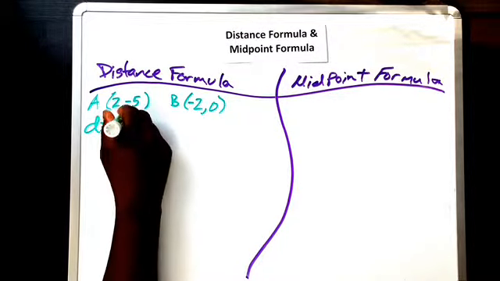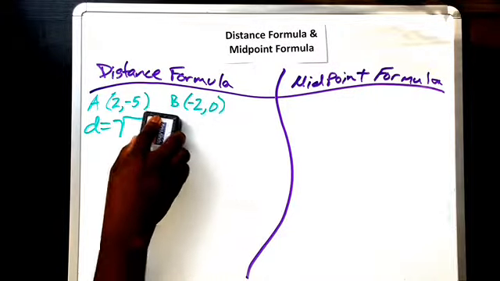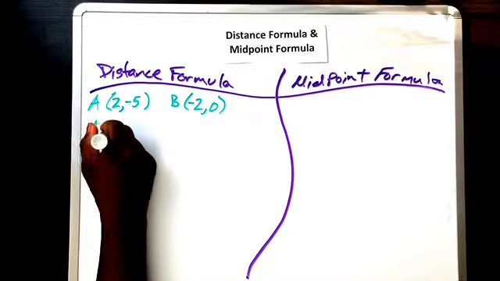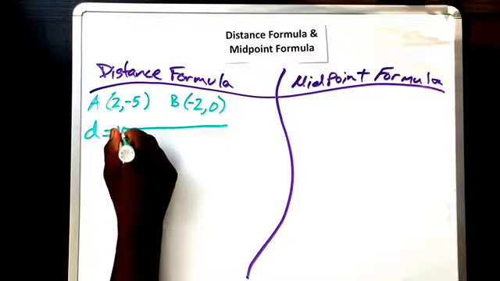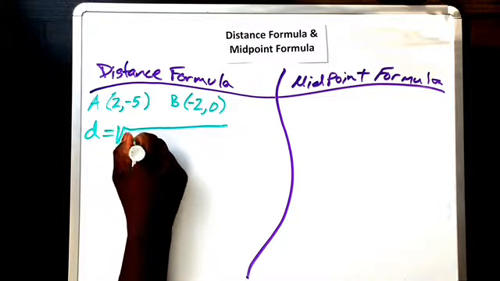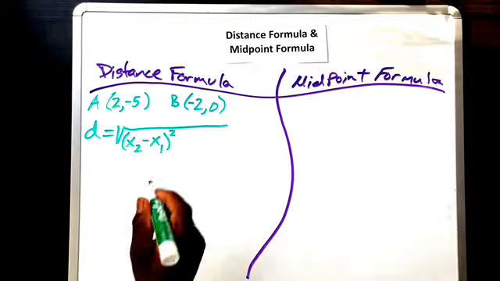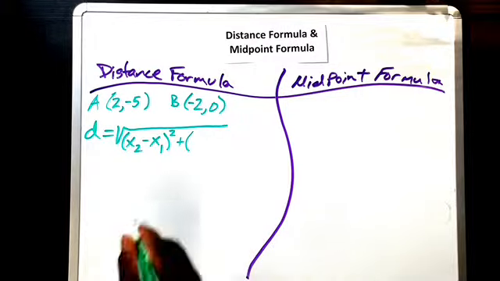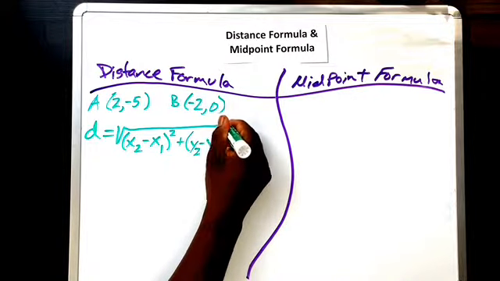D equals the square root of the quantity of x sub 2 minus x sub 1 squared plus the quantity of y sub 2 minus y sub 1 squared.